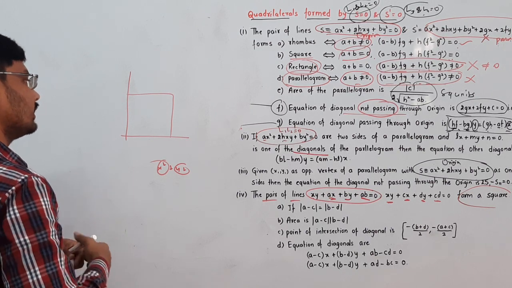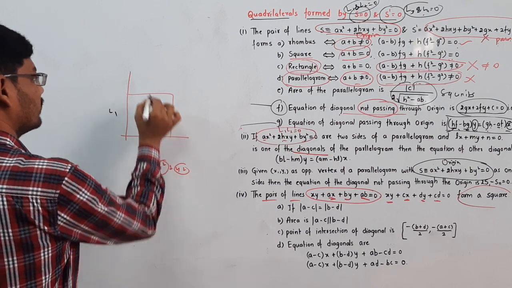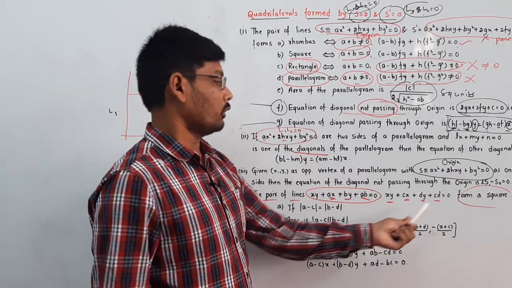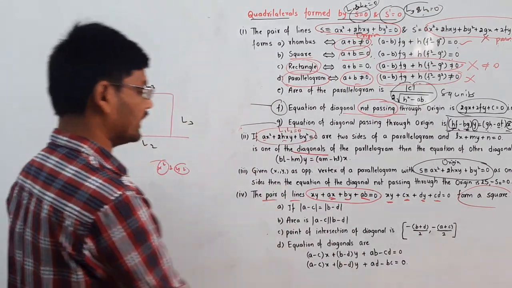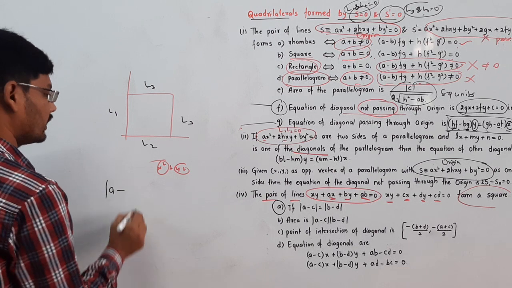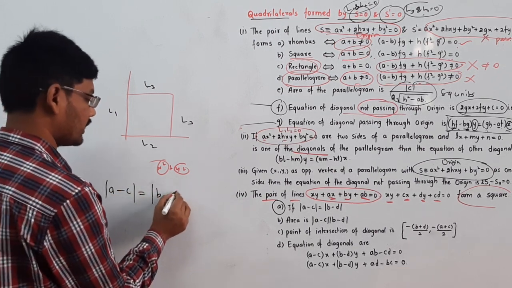Why? Because here this is L1, this is L2, this is L3 and this is L4. Now to form a square we have several conditions. The first condition is if mod of a minus c is equal to mod of b minus d.